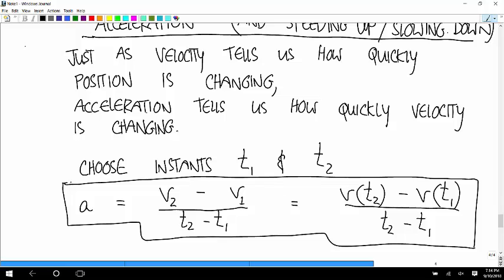And because of the similarity between this formula and the formula for velocity, you might also think, hey, maybe there's average acceleration and instantaneous acceleration. And all that is totally true.